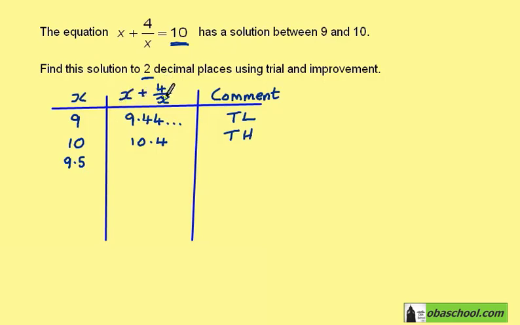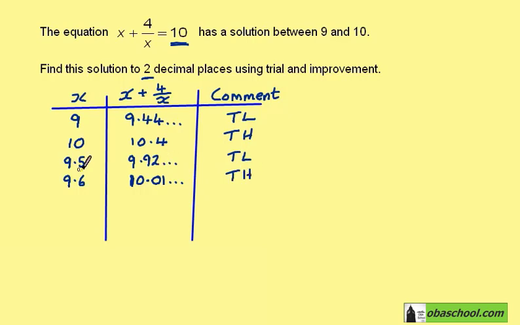9.5 plus 4 divided by 9.5 gives us 9.92 and so on. This is lower than 10. Try 9.6. This gives us 10.01 and so on.